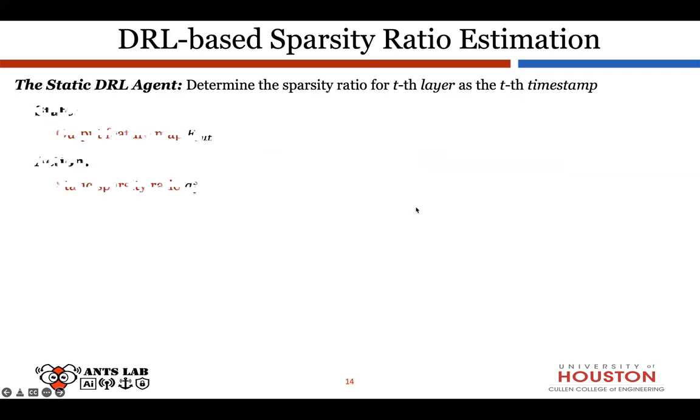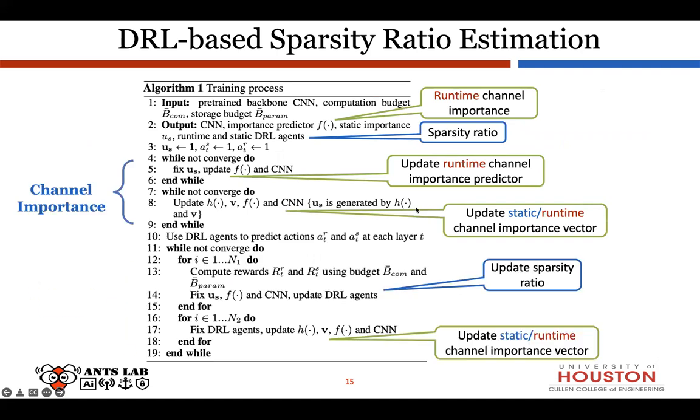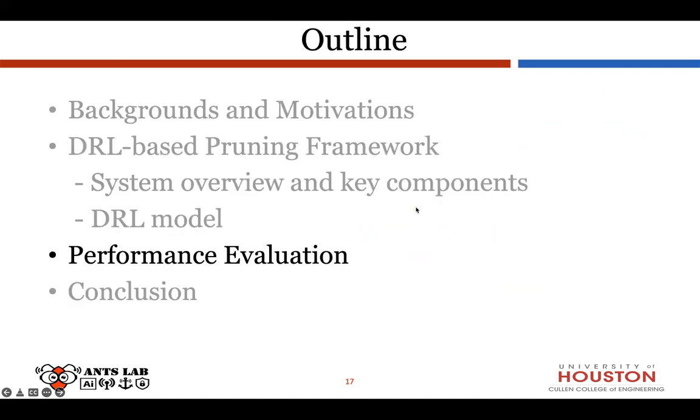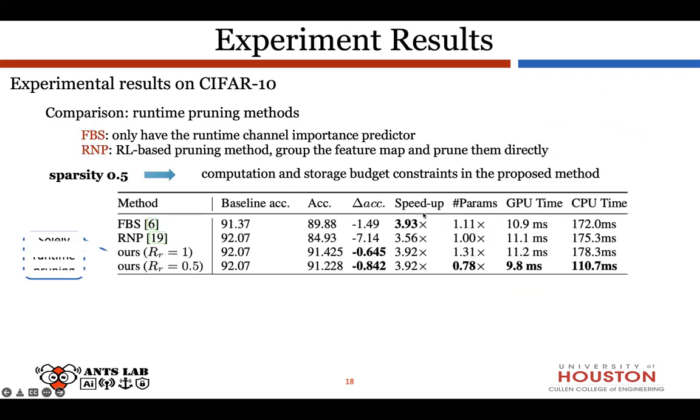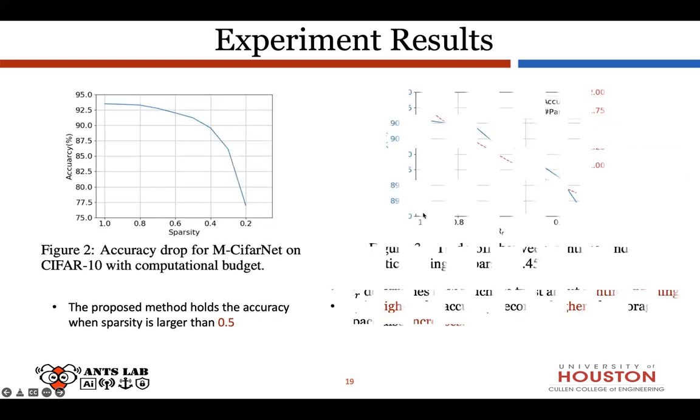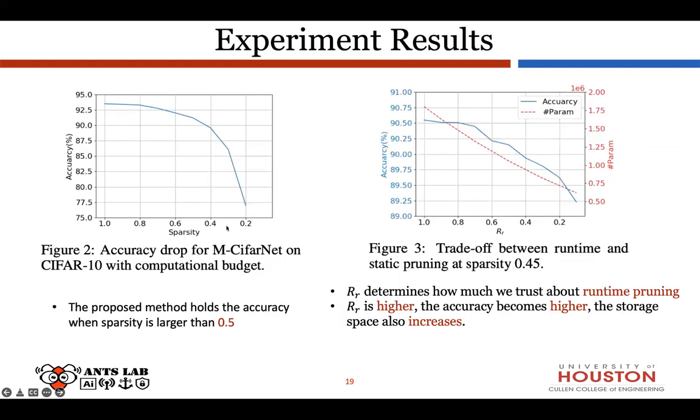I think the sparsity ratio is a probability. It will be multiplied by the total number of channels in each layer. For example, if it equals 0.2 and we have 100 channels, it means we preserve 20 channels and we prune 80 channels.